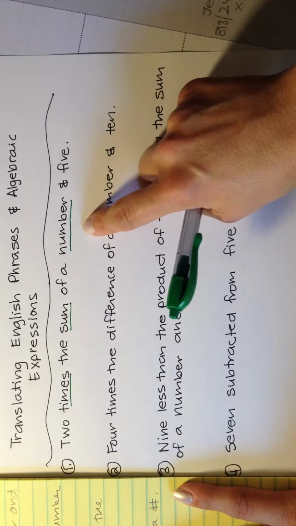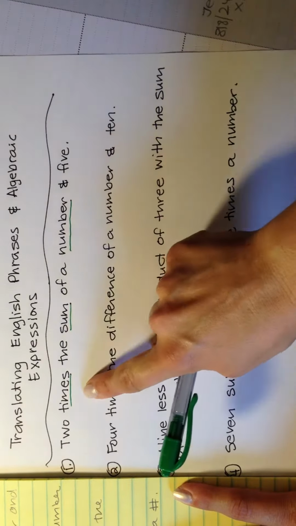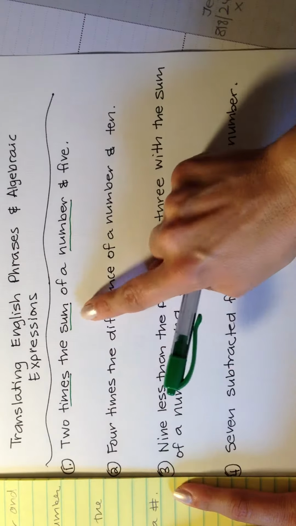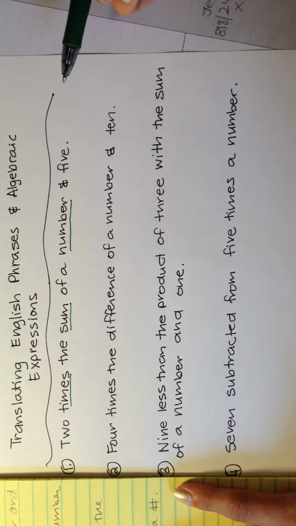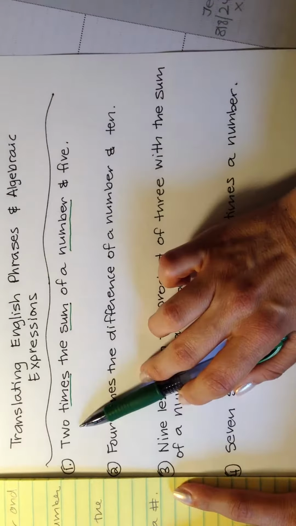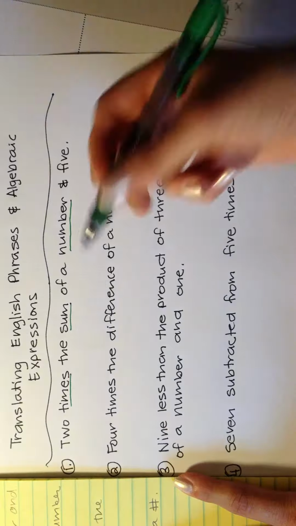When it says a number, we're going to replace that with a variable. Times implies multiply, sum means to add. And we have to look at this carefully because it says that we're going to take 2 and multiply it with the sum. So that's a clue that you need to use parentheses. So it would be like this.